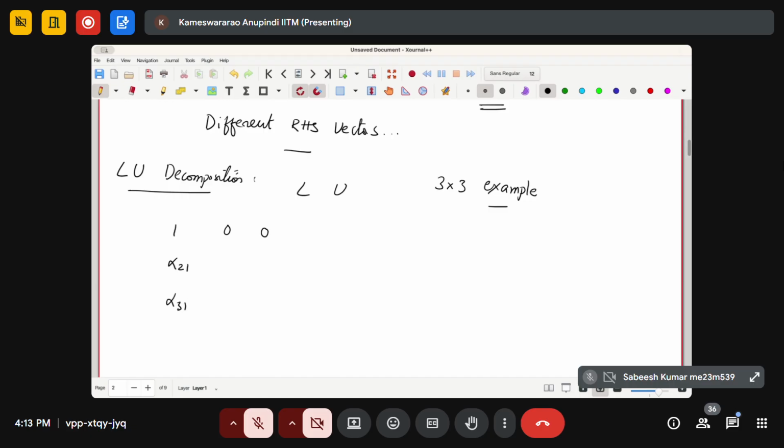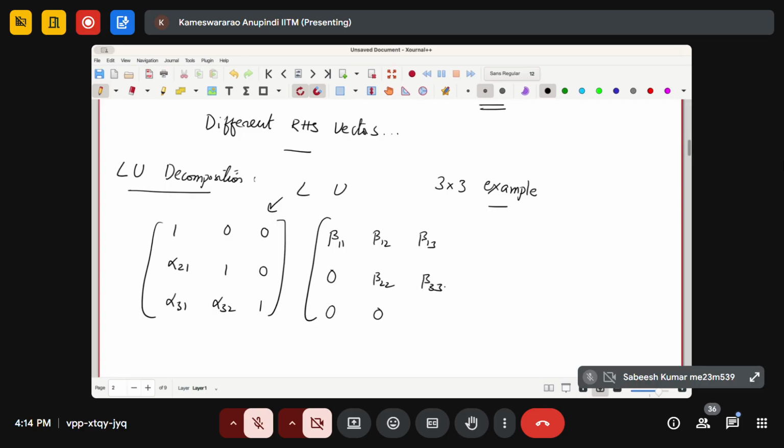This is second row, first column. And then we have 1, 0. Then we have alpha 3, 2, 1. Okay, so that is what I have. Then my upper triangular matrix, I'm going to denote using betas. Beta 1, 1, beta 1, 2, beta 1, 3, 0, beta 2, 2, beta 3 3, 0, 0. Sorry, this should be beta 2 3.